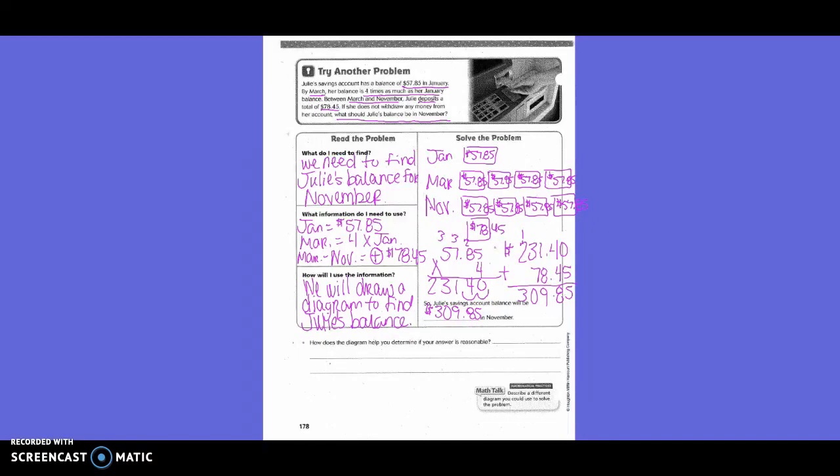Okay, so each box shows how the account increases with each month.